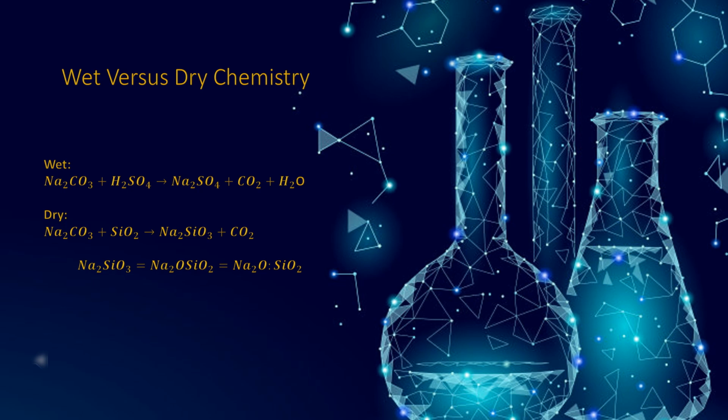On examining the reaction equation under the dry heading, these two compounds will become fluid when melted. There is still a base reacting with an acid, which is the silica. The product becomes disodium silicon trioxide, which is the salt. The remaining product is the carbon dioxide gas, same as with the wet chemistry.